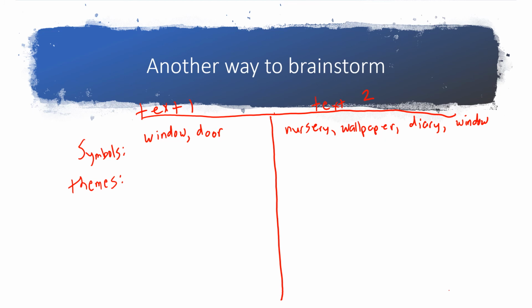So then for themes in the Kate Chopin story, I might write feminist look at marriage. And then for The Yellow Wallpaper, it's also a feminist look at marriage. And I could go on like this.